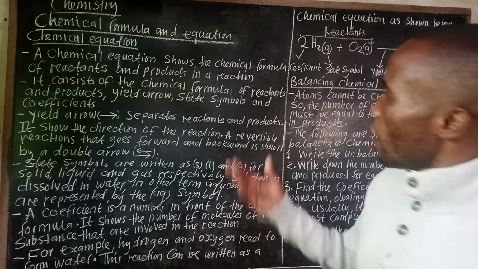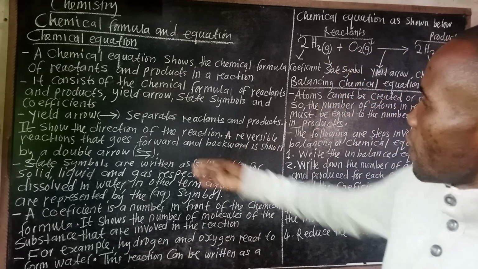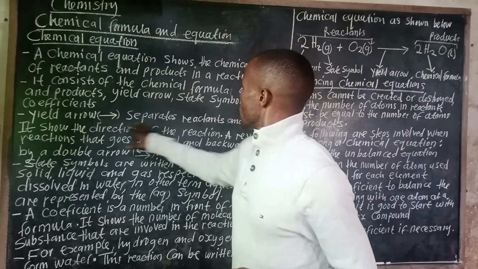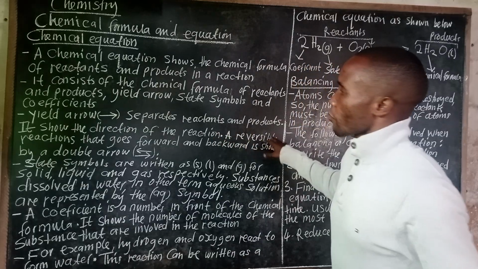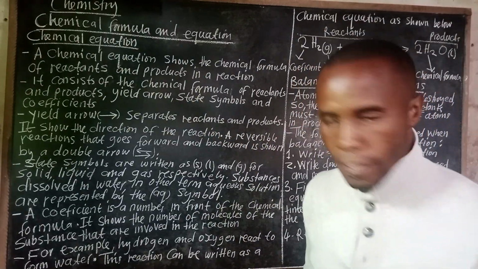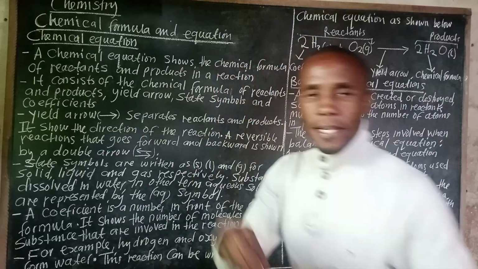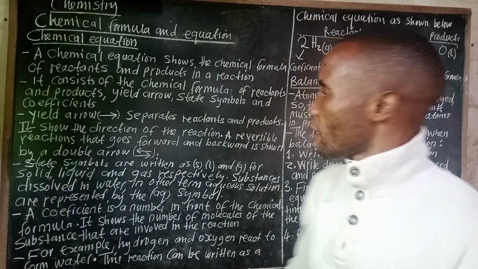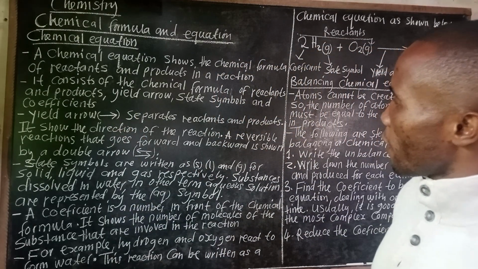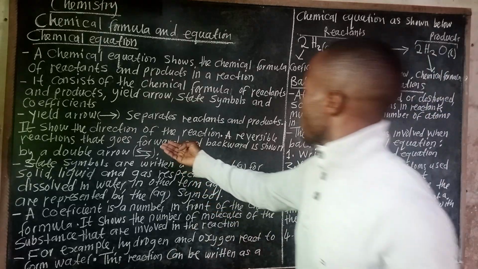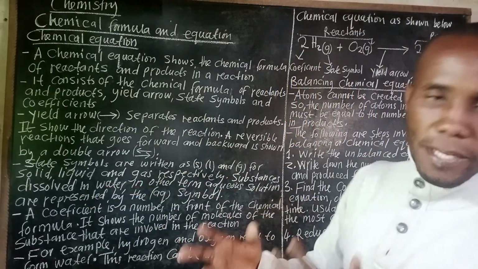Then let's talk about arrows now. Point 3. This is the symbol for the arrow. It separates reactants and products, as I mentioned in the first place. Then it shows the direction of the reaction, how the reaction is flowing.